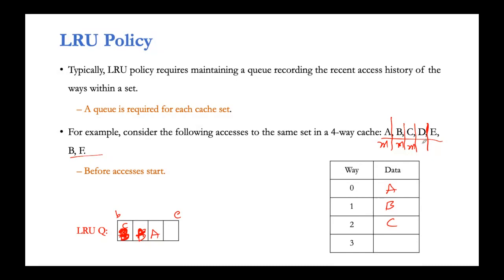For the next access, D is not in the cache, so it is also a miss. It is loaded into the cache, and the queue is updated: A is shifted to the last position, then B, C, and D. Upon the next access, E is not in the cache, so it is also a miss.